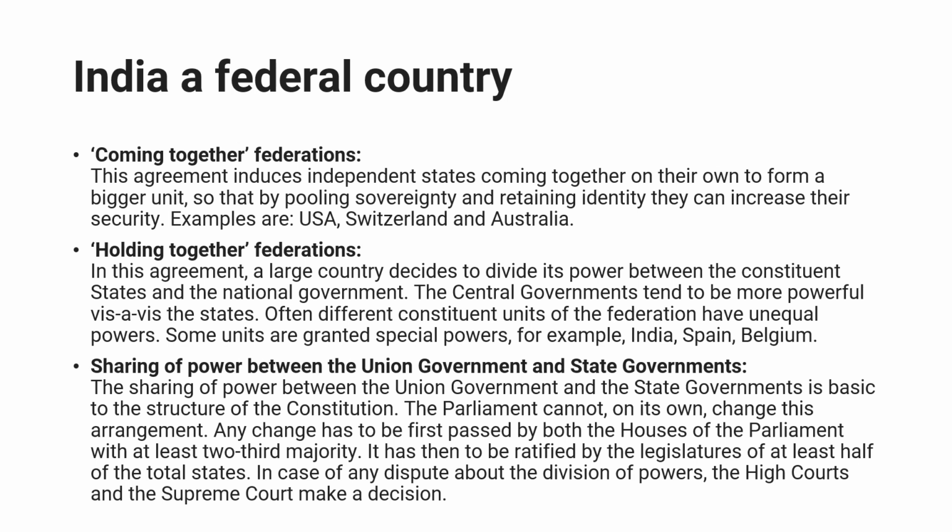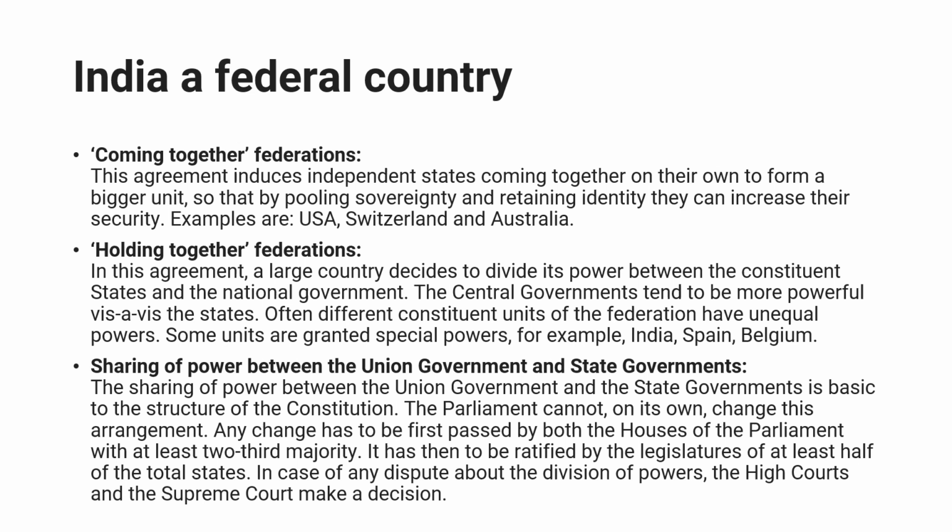Sharing of power between the Union government and state government. The sharing of power between the Union government and state governments is basic to the structure of the Constitution. Parliament cannot on its own change this arrangement.